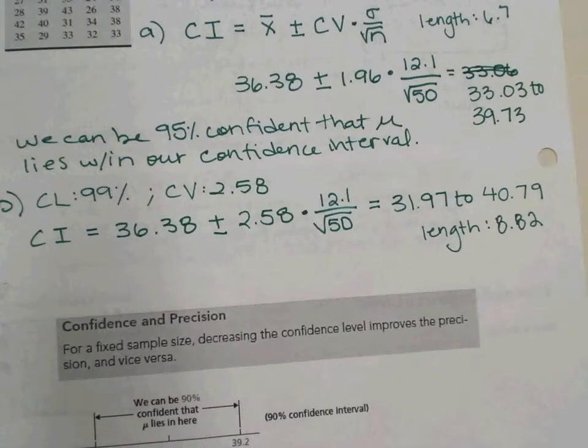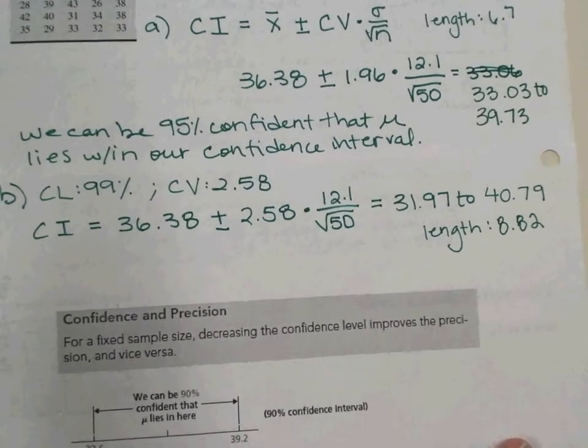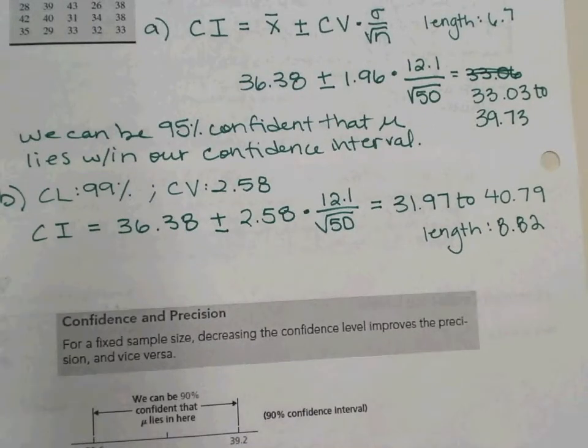And then we increased our confidence to 99% and the length of the confidence interval increased. Yeah. And kind of the way to think about that is we want to be more confident, so we kind of need a little more wiggle room.